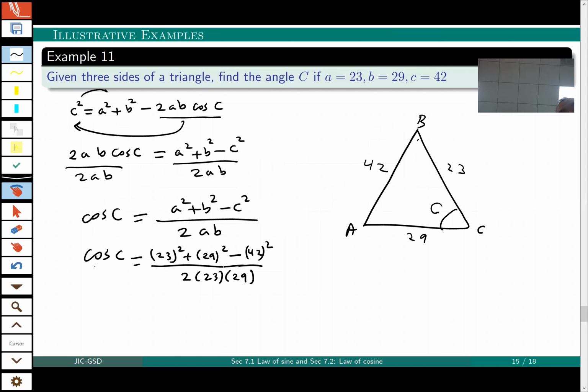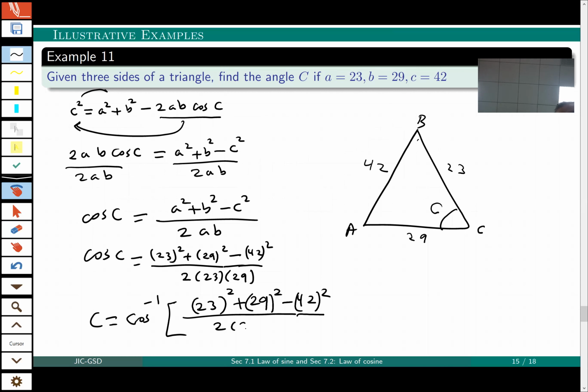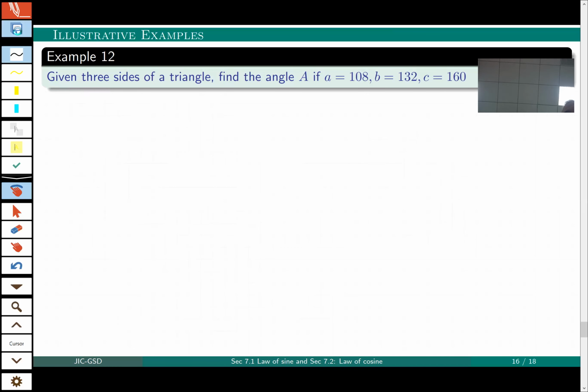That will give me cosine C. He could ask you only to find cosine C, or even if he said find C, we will say simply C is cosine inverse of 23 squared plus 29 squared minus 42 squared over 2 times 23 times 29, and that's the best we can reach. It's cosine inverse of that quantity.